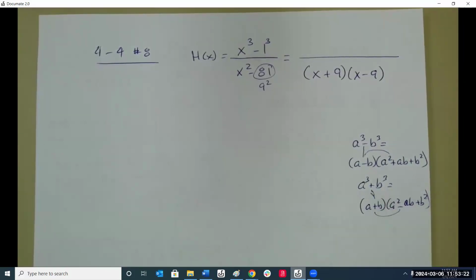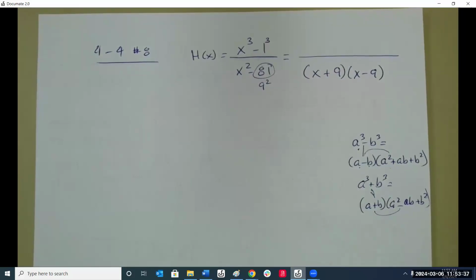The first sign is whatever's in the original equation. So if it's a cubed minus b cubed, we know it's a minus b, and the other one has to be different. There could only be one minus sign in the difference of cubes formulas.